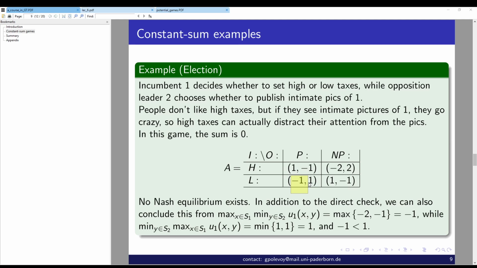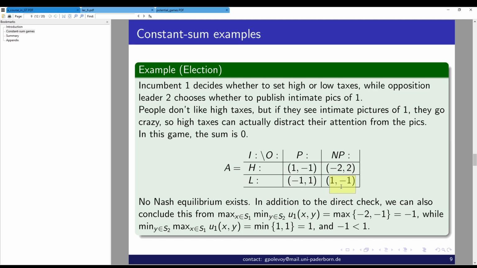For example, if players choose high and publish, then the second player can choose non-publish and thereby increase her utility from -1 to 2. If the players are at high and non-publish, then the first player can choose low and thereby increase her utility from -2 to 1.